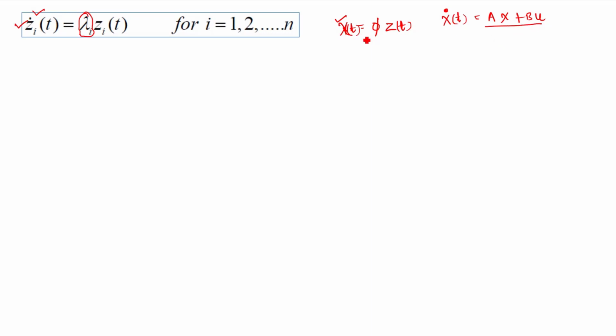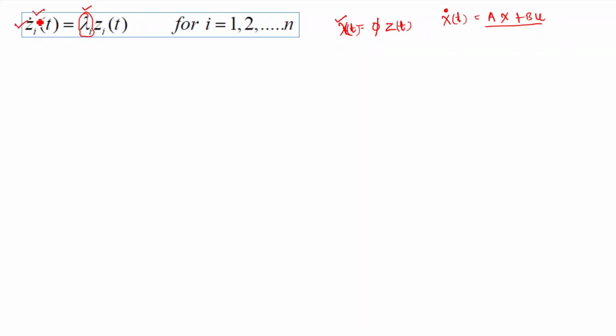But if we substitute x(t) equal to phi z(t) in this equation and pre-multiply by phi inverse, we get a diagonal matrix here, and that makes this equation decoupled. That means we get each new state variable corresponding to each eigenvalue in a decoupled manner.